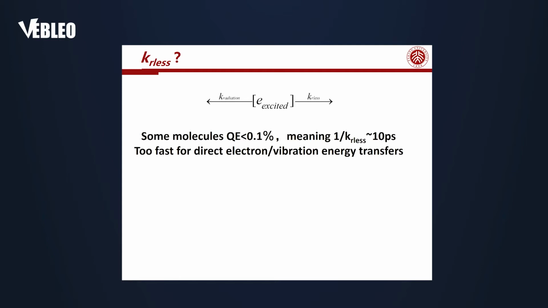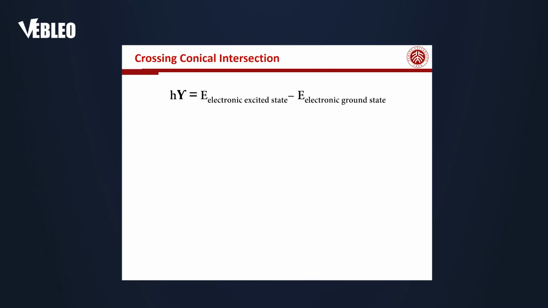So this dissipation must occur within the strong coupling limit. For this case, theoreticians have already created a name for it, called conical intersection. Then what does conical intersection mean? For many people, it's a very strange name.